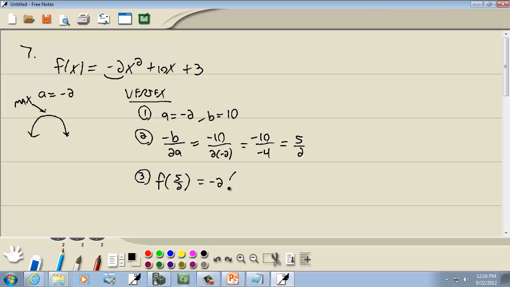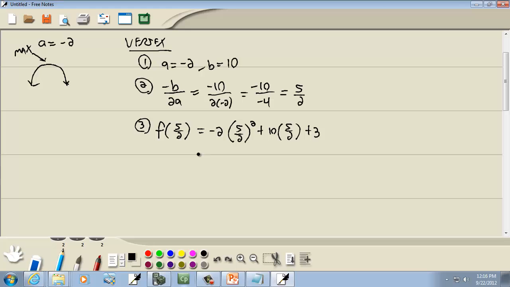Step 3, we then take that value and plug it into our function. So I'm going to have negative 2 times 5 halves squared plus 10 times 5 halves plus 3. That gives us negative 2 times 5 squared, 5 times 5 is 25, over 2 times 2 is 4. Over here, the 2 and 10 simplify. That gives me 5 times 5, 25, plus 3.